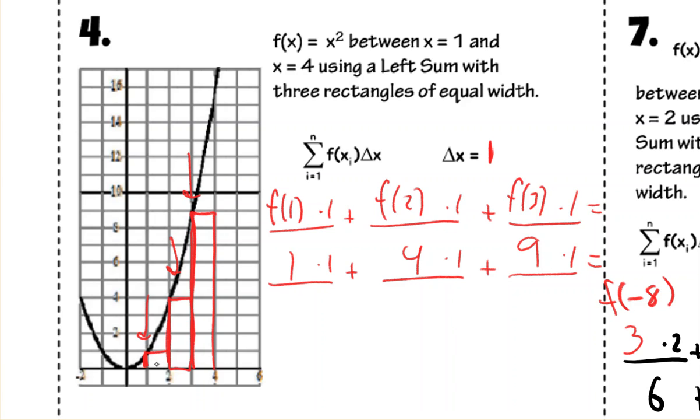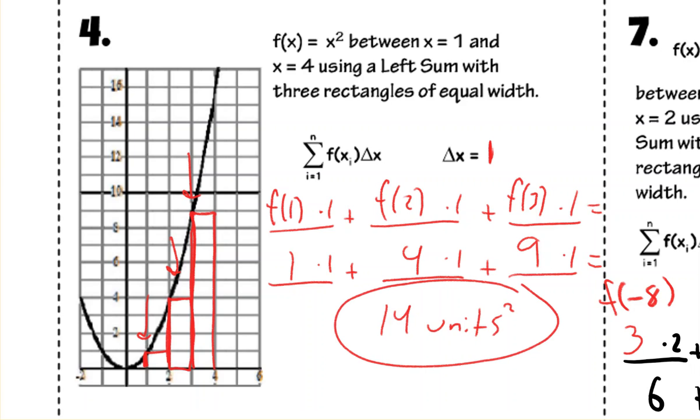It's exactly 1 block, so of course that has an area of 1. This one has an area of 4, this one has an area of 9, so 1 plus 4 plus 9 would be 14 square units. If you were asked to approximate x squared from 1 to 4 with a left sum approximation, you would need to say 14 square units.